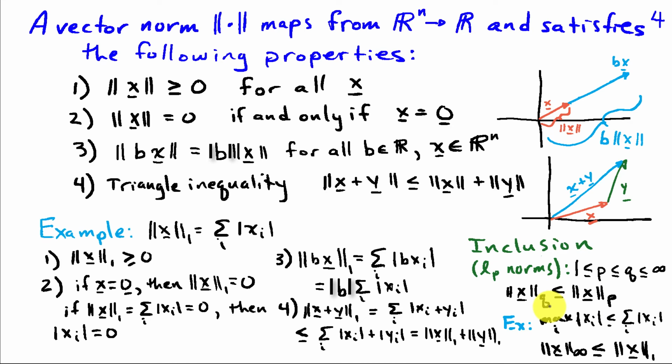So q is bigger, but the Lq norm ends up being guaranteed to be smaller. As an illustration, the max of the absolute value of any element of the vector has to be less than the sum of the absolute values. So here we've just shown that the infinity norm is less than the 1 norm, which are the two extreme points of this inclusion property.